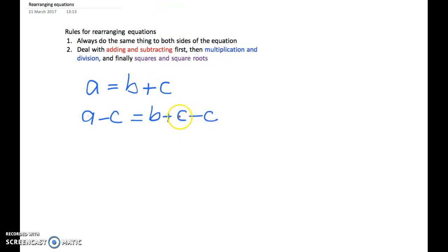So you can see that these will cancel on this side, so we'll be left with b. So finally we have b equals a minus c. So if we rearrange this, we have made b the subject of this equation.